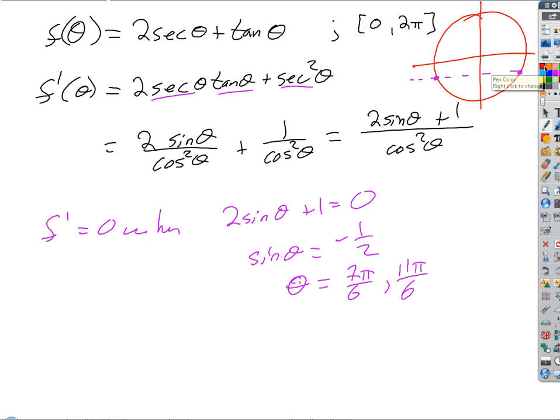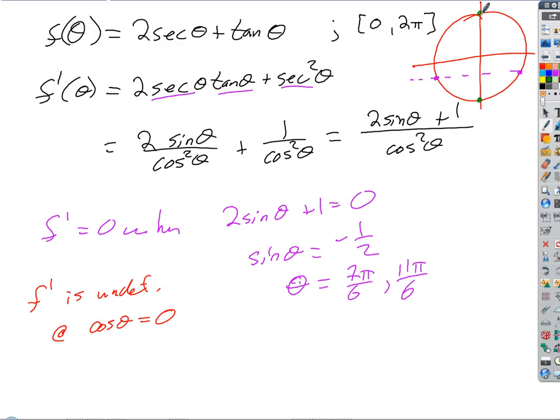Okay, how about where f prime is undefined? When cosine is equal to 0, right? Where's cosine equal to 0? That's x, right? Instead, 1 and 1. So right there, right? Pi halves and 3 halves pi.